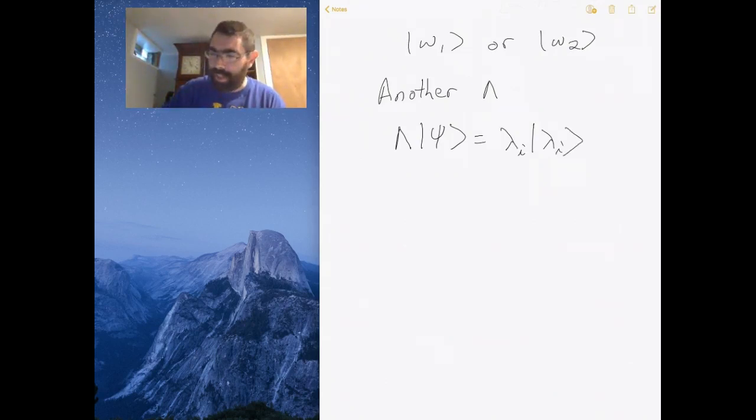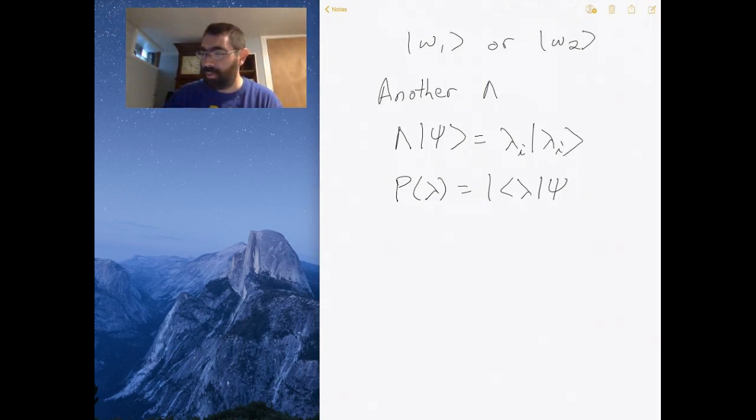The probability that I'm going to get this result, the probability density, is basically projecting that particular result onto the total initial state, and then it's squared, where again this is normalized.